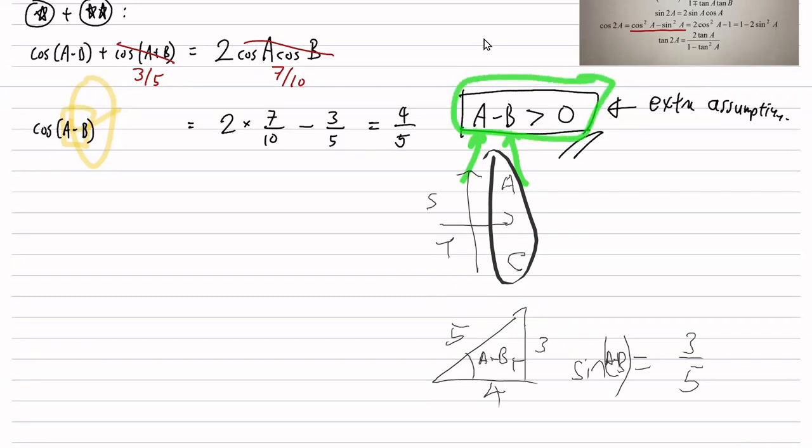So after adding this extra assumption, A minus B angle can only be in quadrant 1. Therefore, just positive 3/5.